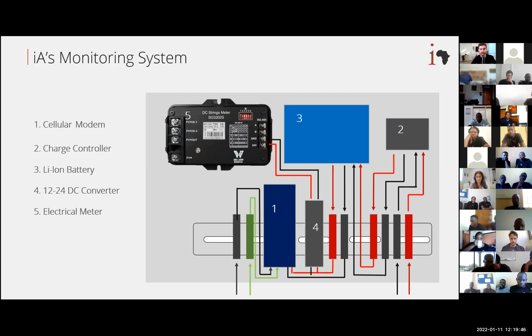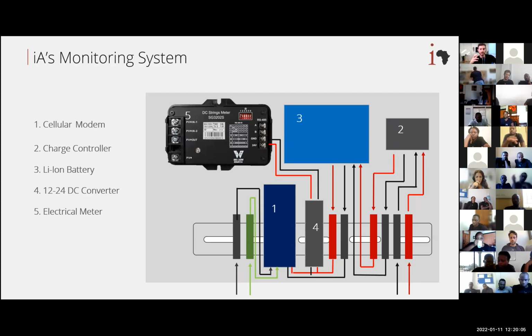You can see we have a cellular modem, because of the way the monitoring system works. There are two components that sense the situation: the electrical meter, which senses the power coming from the solar panels, and the second one, the water meter, which is also connected to the monitoring system.